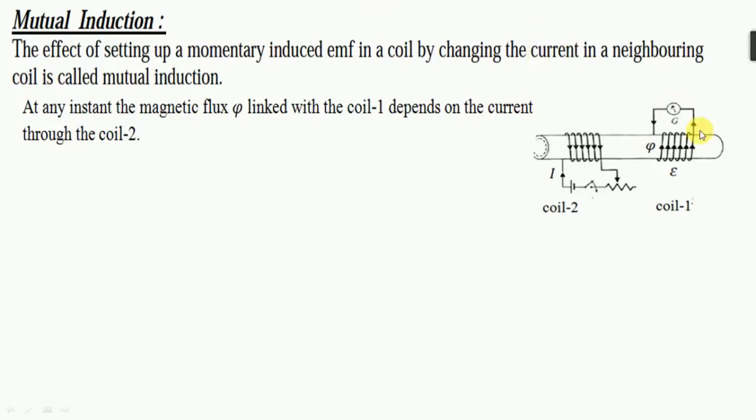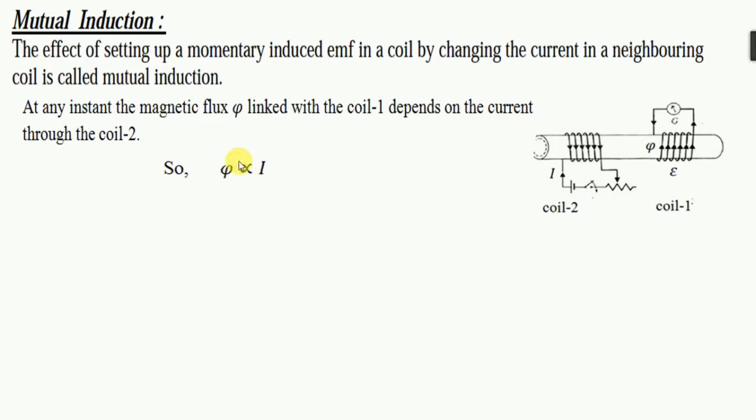So we are considering two coils, coil number 1 and coil number 2. When we change the current through coil number 2, the flux through coil number 1 changes. So that means I can write the flux in coil number 1 depends on current in coil number 2.